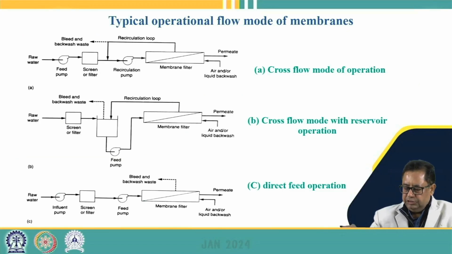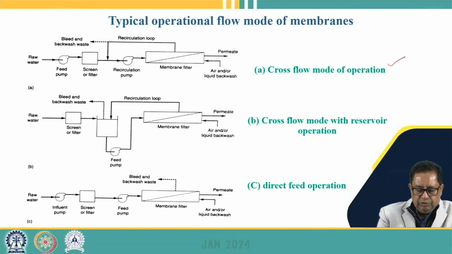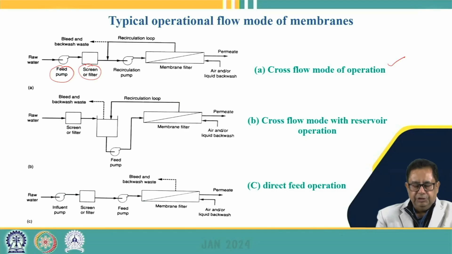We can see these three types of flow modes of the membrane that we have just discussed here. We have a feed pump, the raw water is applied by the feed pump, which passes through a screen or a filter for pre-treatment.